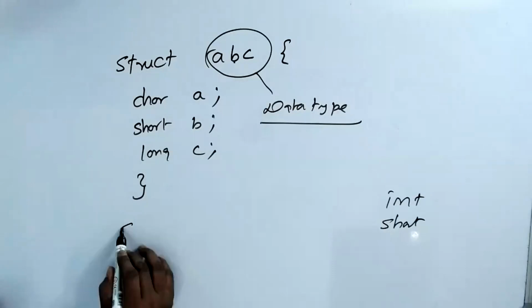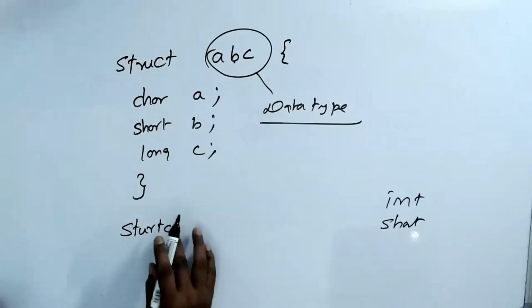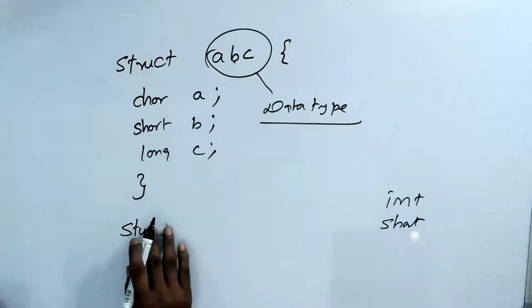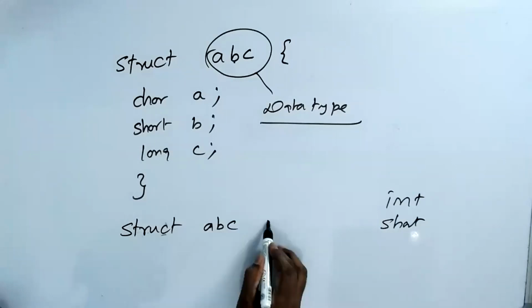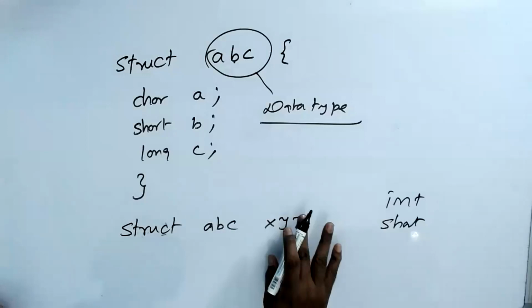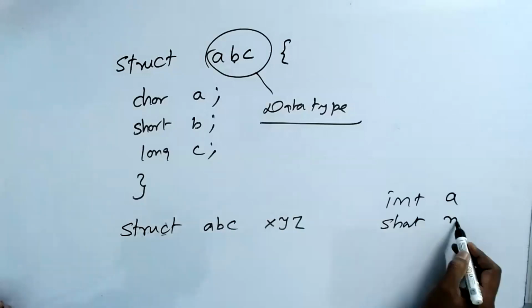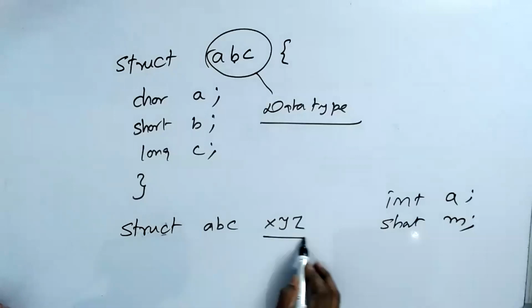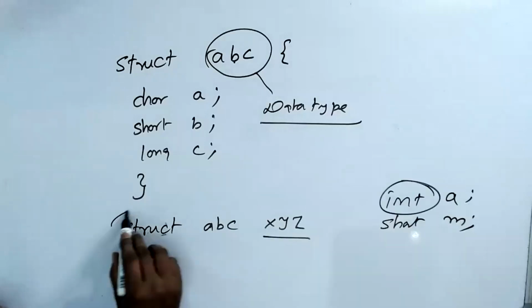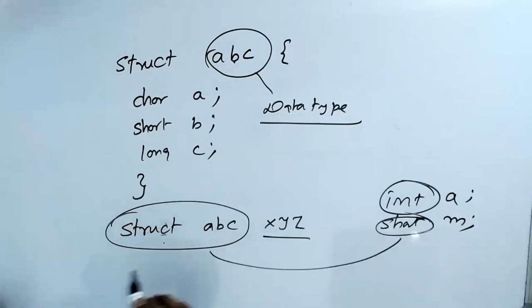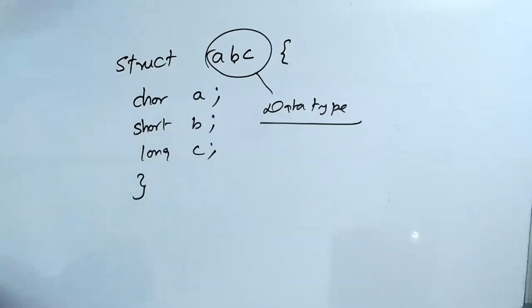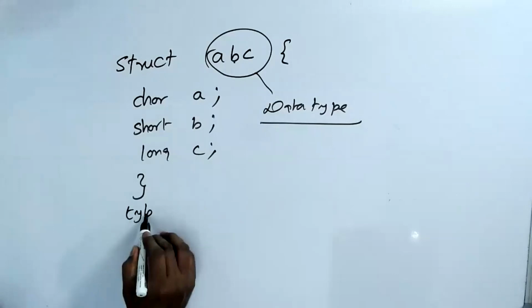Struct ABC XYZ. This is like int A, int M. The same thing here, instead of int we have ABC, instead of short I have struct ABC. But you don't want to put the struct keyword in between. So Dennis Ritchie did a nice thing called typedef.